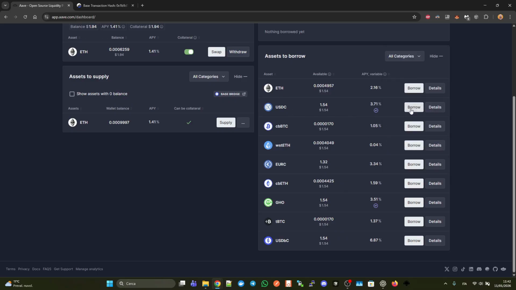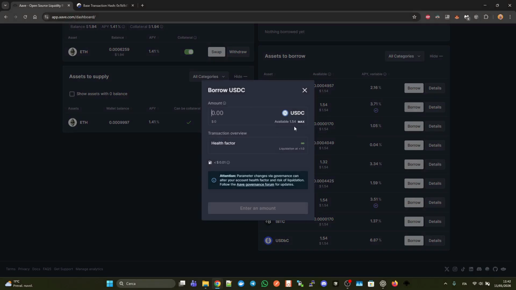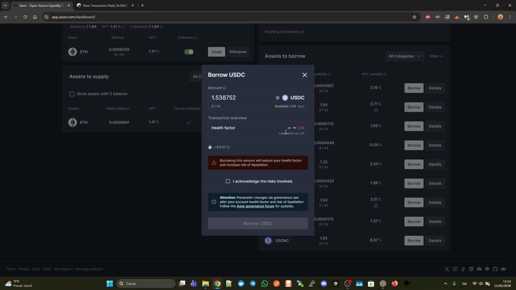Okay, so if we want to borrow this, we say, for example, maximum. As you can see here, it already calculates the health factor for us, which is 1.04. The liquidation is below a health factor of 1. So here we are already at risk.